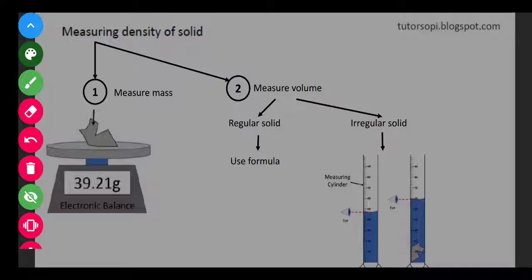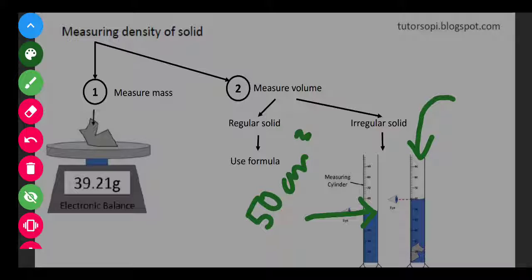So first kali kita akan letak air dekat dalam measuring cylinder, and then kita tengok dia punya volume. So for example, katakanlah kat sini kita letak 50 cm cubic. Okay, so kita masukkan the irregular solid inside the measuring cylinder. Lepas tu tengok sekarang punya volume.